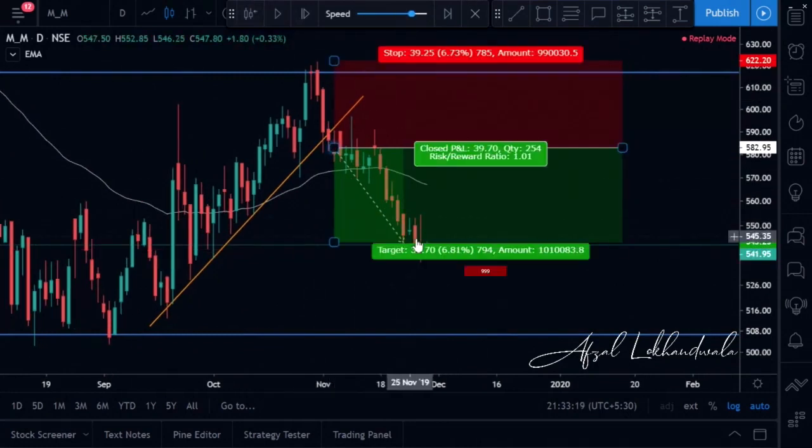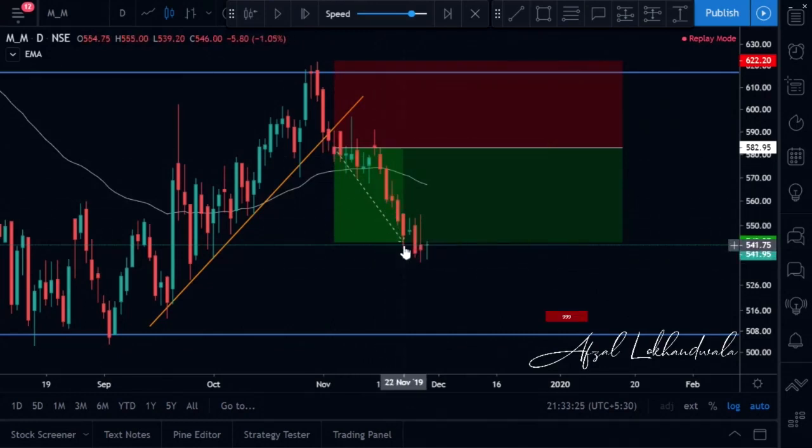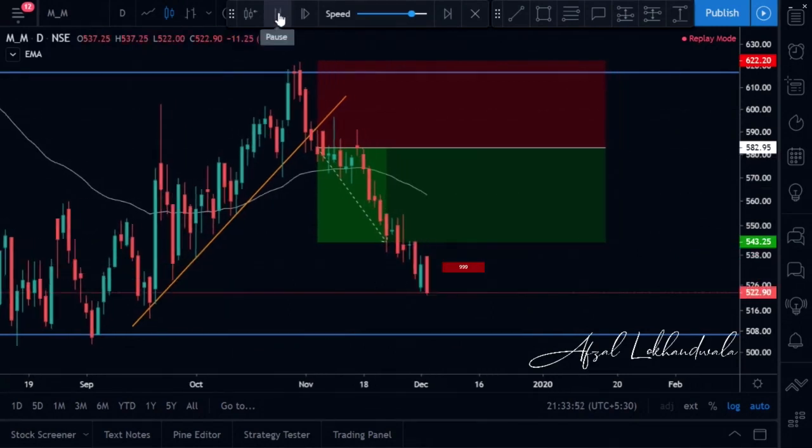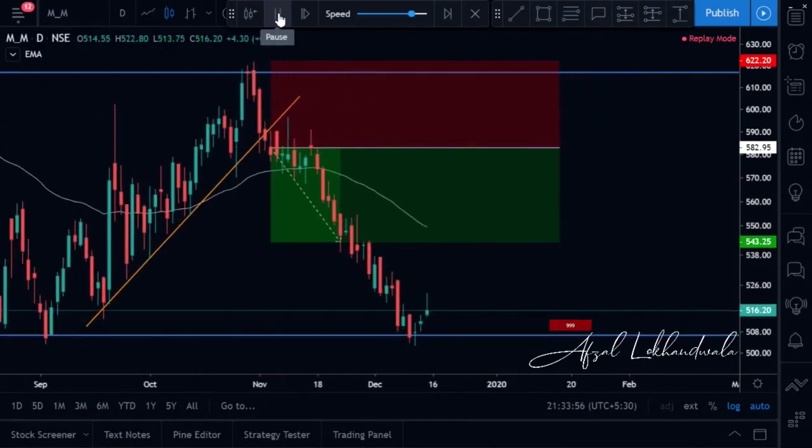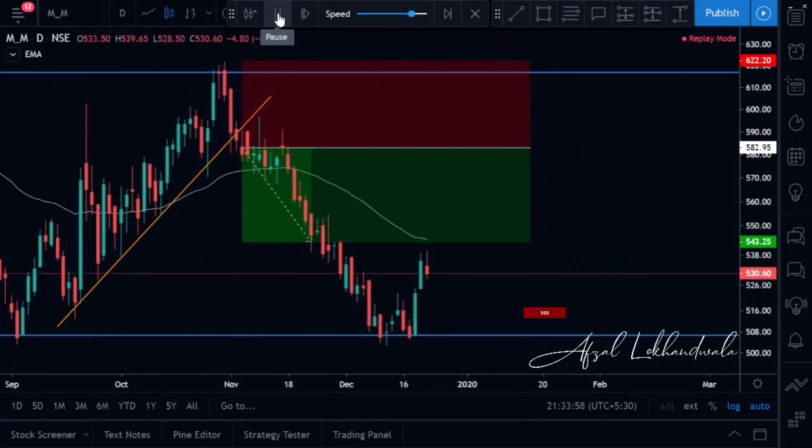We get the target here within 8 to 10 bars. Now let us see where it goes. Let me play this again. It goes down and at the support gets rejected.